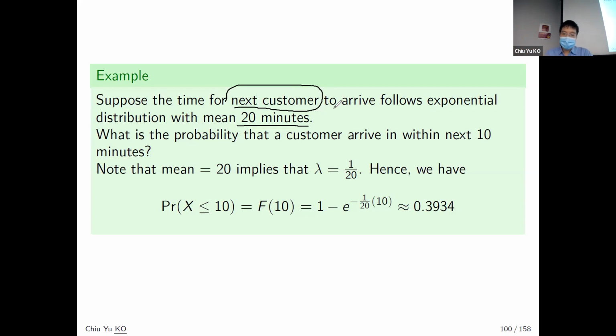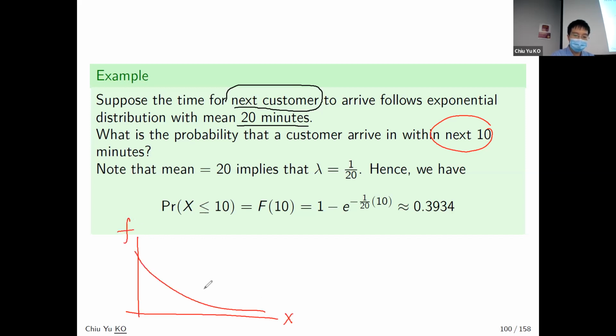And now the question is: what is the probability in the next 10 minutes? Okay. So just to remind you what we are doing here: there's X, there's F, something like this. This 20 is the mean. The question is, in the next 10 minutes, what is this? So this is the question.